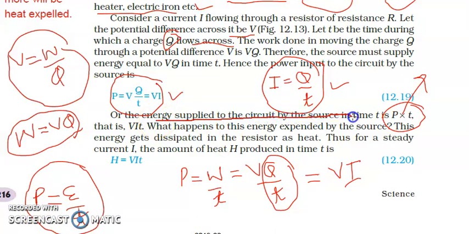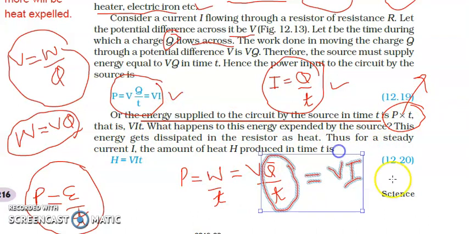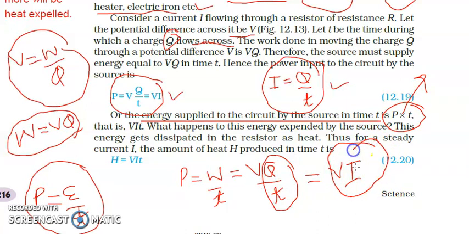Energy supplied to the circuit by the source is given in terms of power by this expression. Kindly read this line very carefully: whatever amount of energy is being given to the circuit is measured in terms of its power. So power will be energy upon time, and energy will be power into time. Energy is equal to P into t. Now P is equal to VI, which we already calculated. As you can clearly see in this point, P is equal to VI has been calculated.